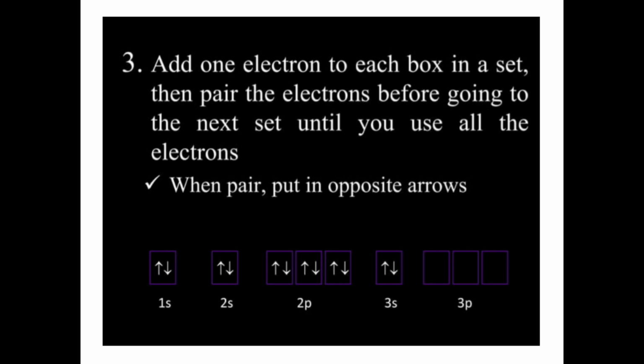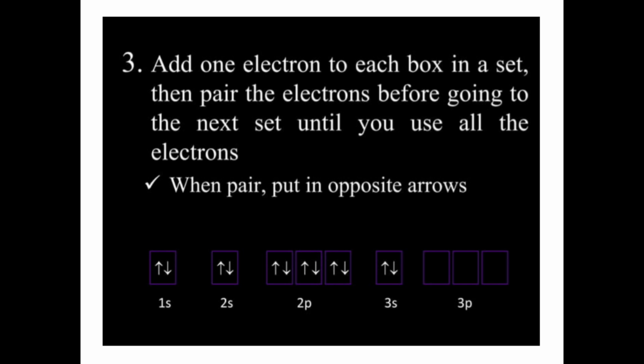Then the next one, you fill the next orbital, which is 2s. You have your 2s2, one going up and the other going down. By the time you get to 2p, because it's 2p6, magnesium is 1s2, 2s2, 2p6, 3s2.